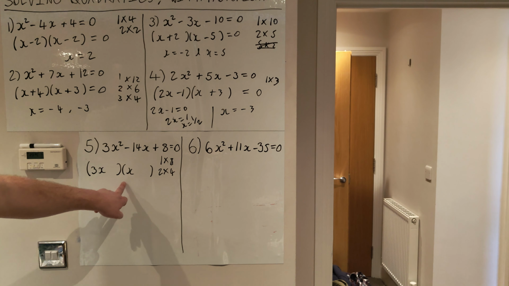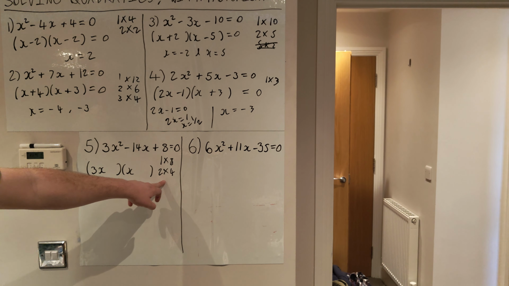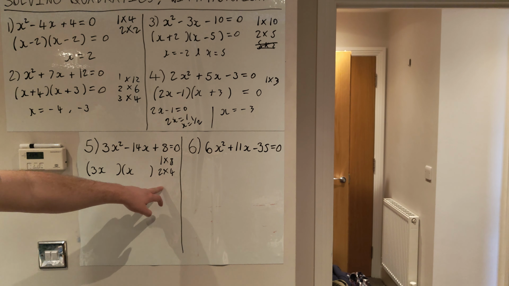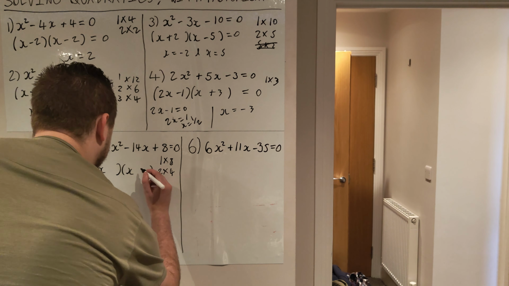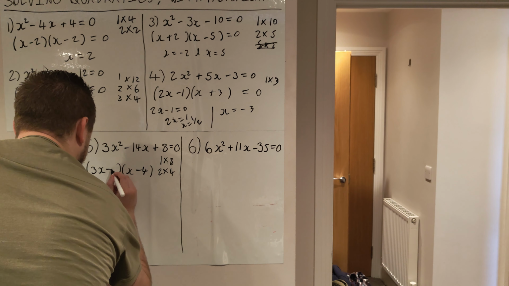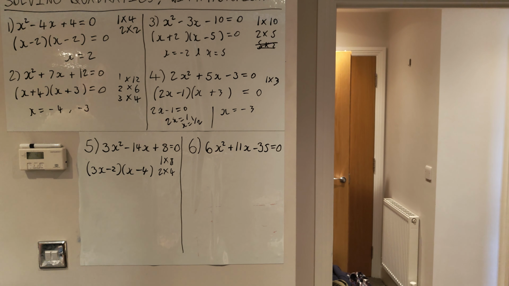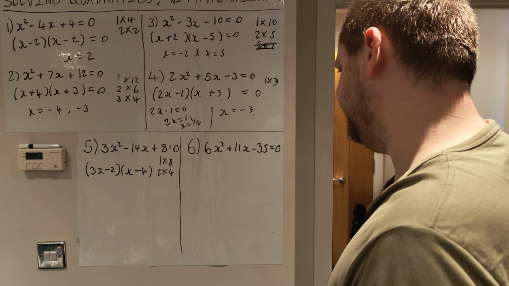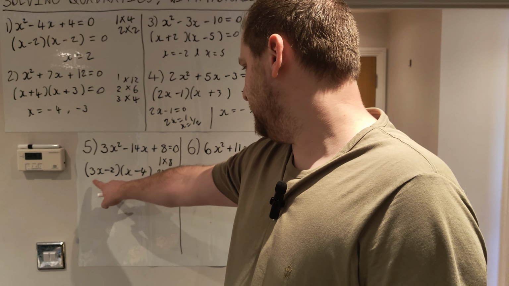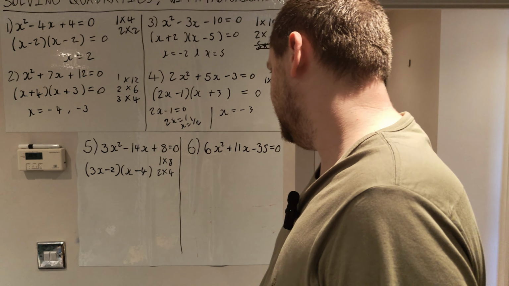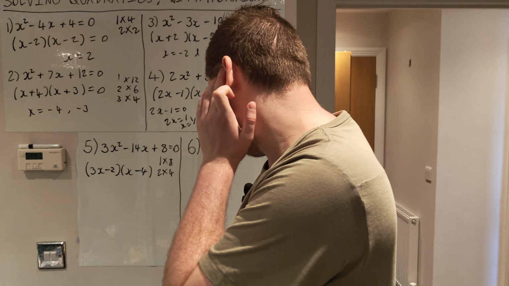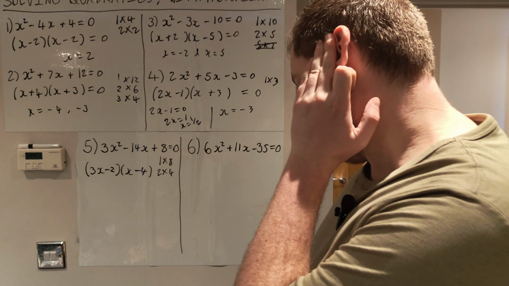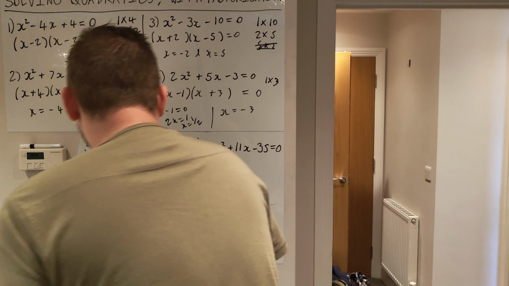Anyway, so I think it's going to be a negative 4 and a negative 2, because if we do a negative 4 here, sorry, I know you can't see it probably, so that would give us negative 12x, negative 2x, so that minus 14x, that works out. So that's correct, I think. I hope so.